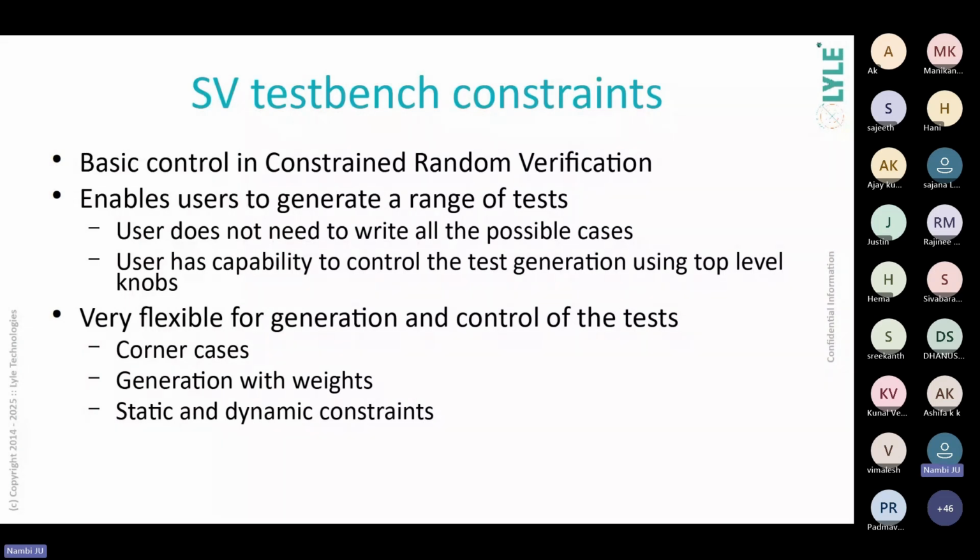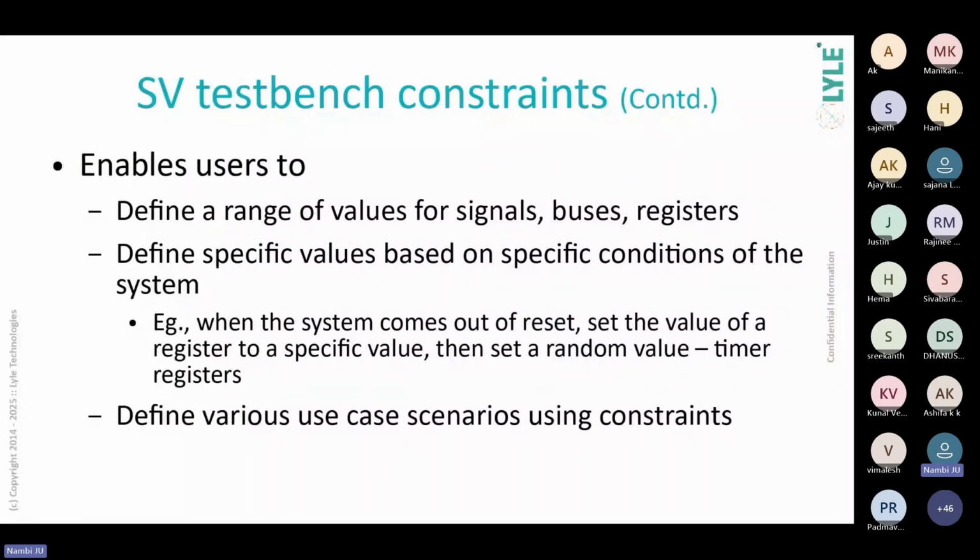So you can define a range of values for signals, buses, registers. And you can also define specific conditions for the system. For example, when a system comes out of reset, you can set a specific value to the register, and then after a certain period of time, you can set a different random value.